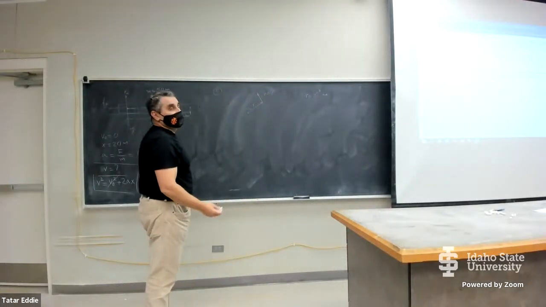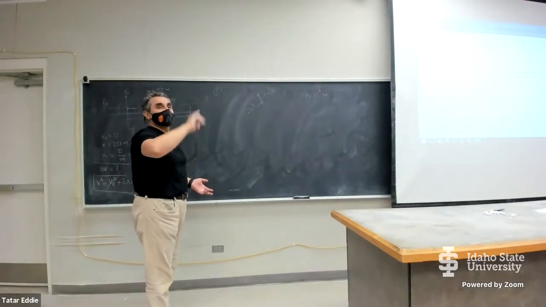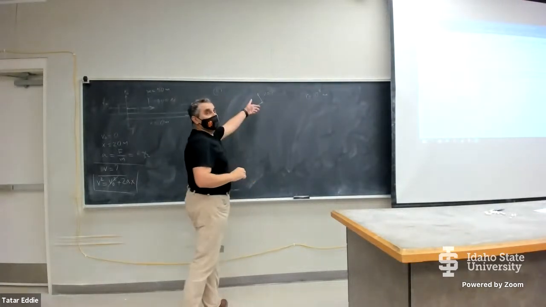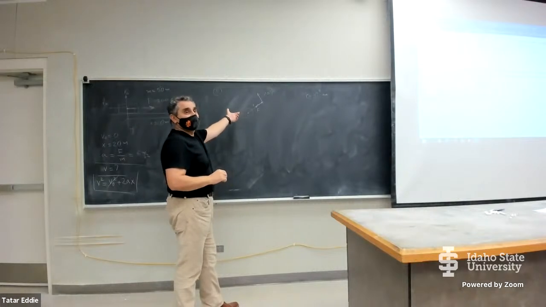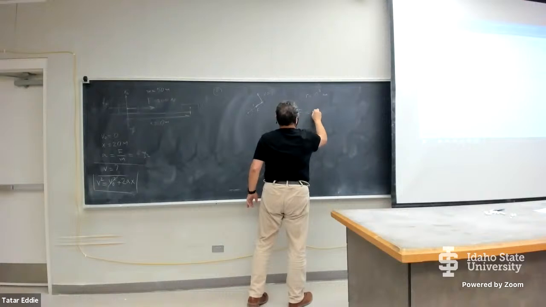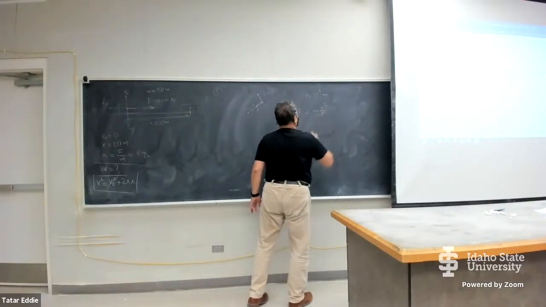Now, the necessary and sufficient condition for a circular orbit is that the force, which is only the gravitational force, should be the centripetal force, mv squared divided by the radius.